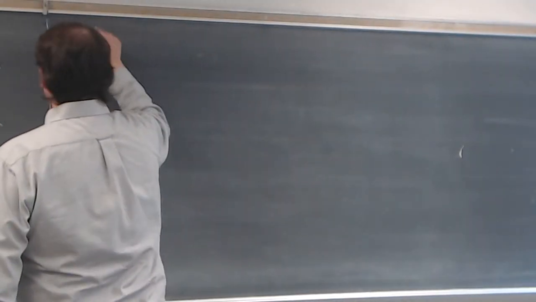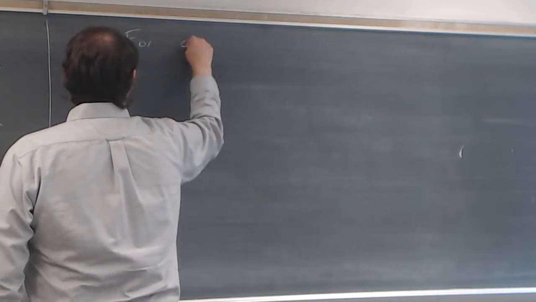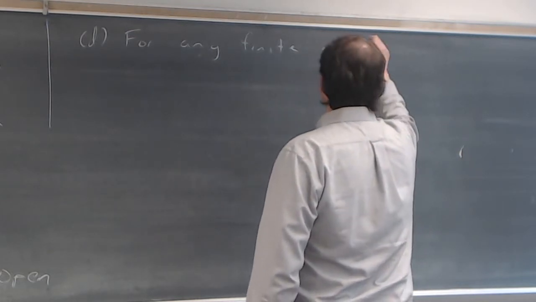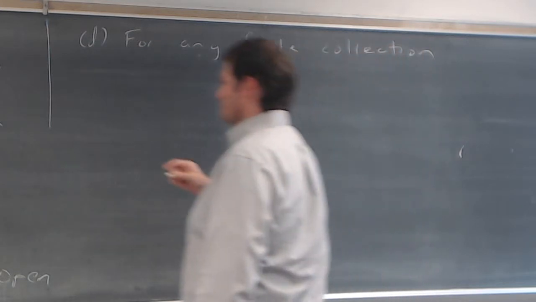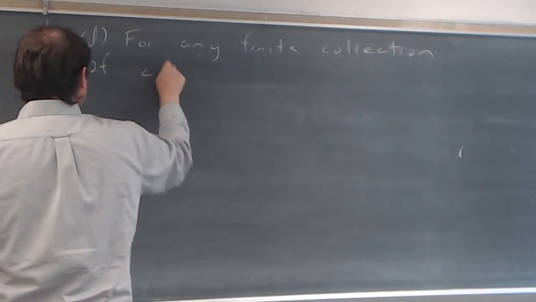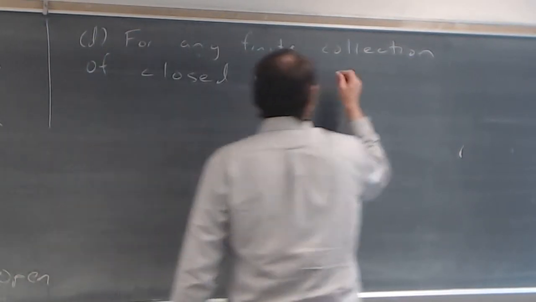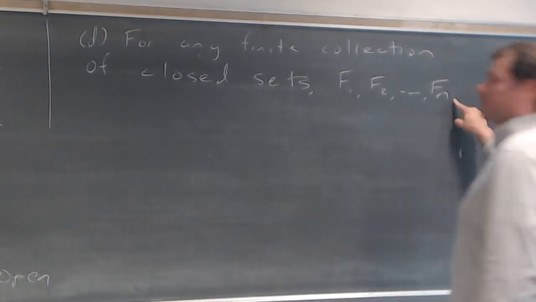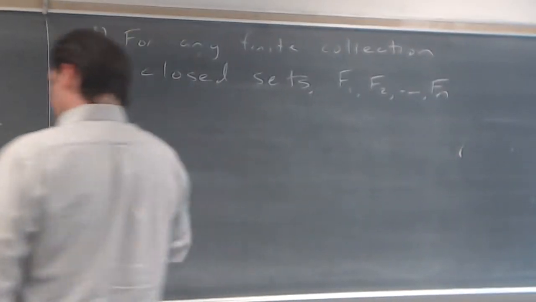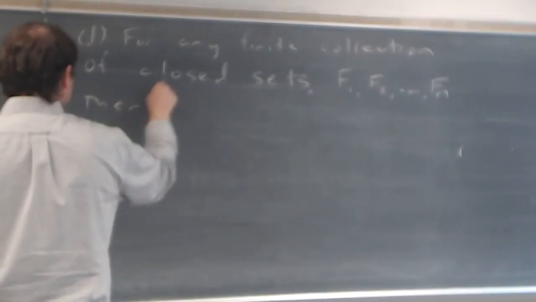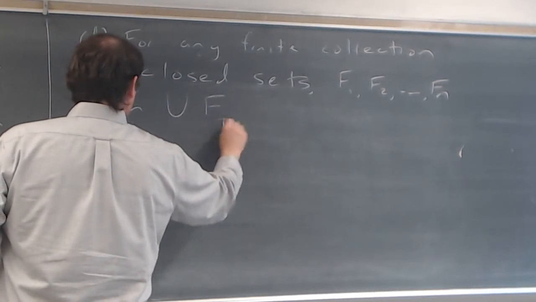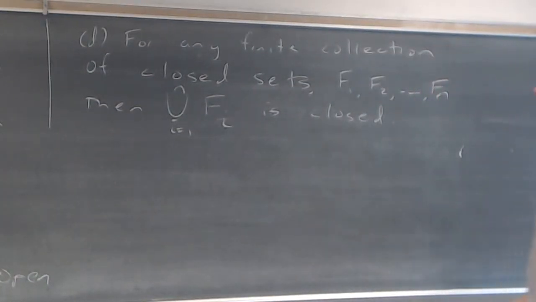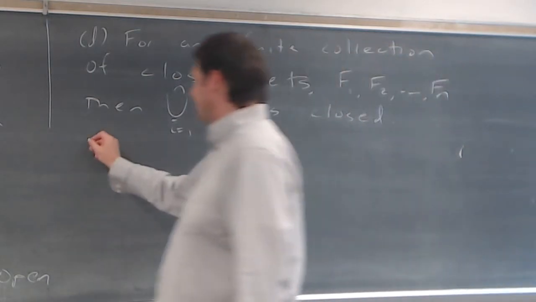In part D, for any finite collection of closed sets F1, F2, up to Fn, then the union of the F sub I, as I runs from 1 to n, is closed. Okay. So for the proof, part A we did.